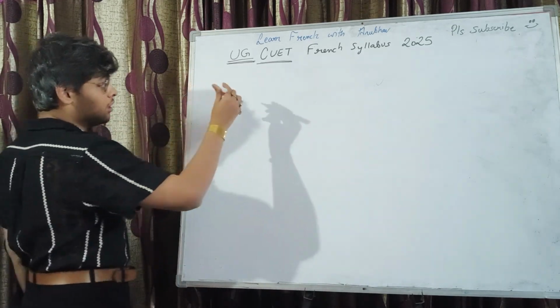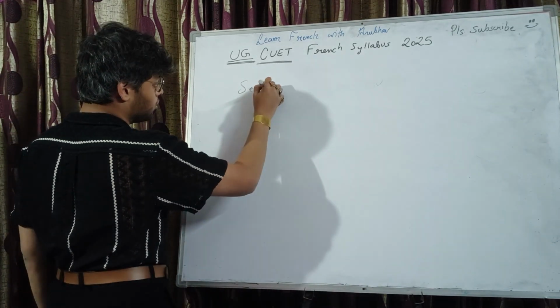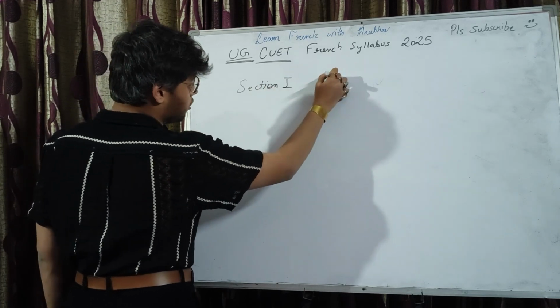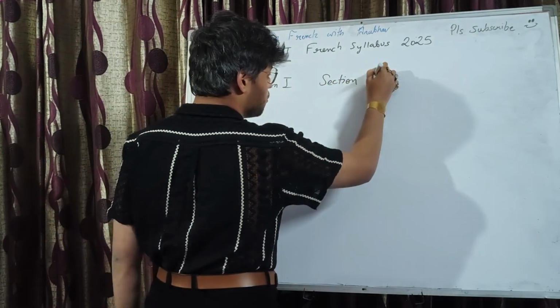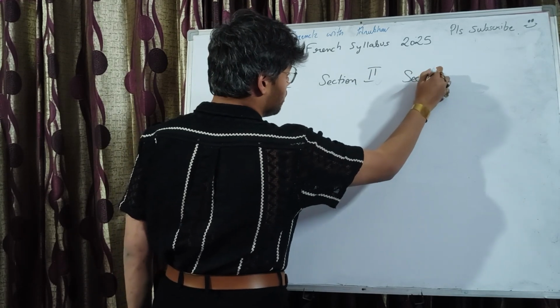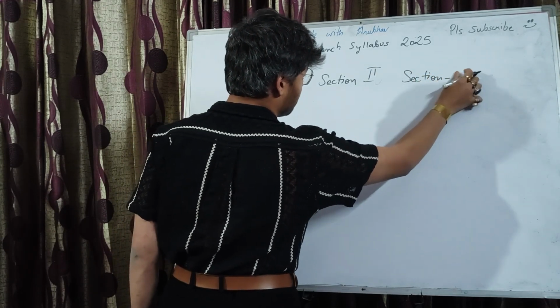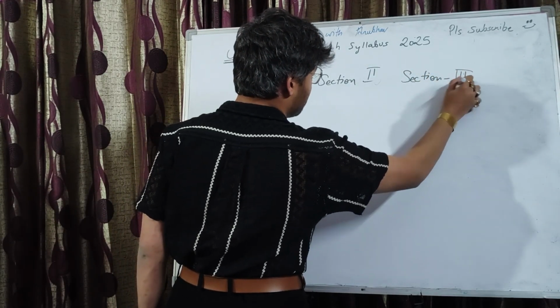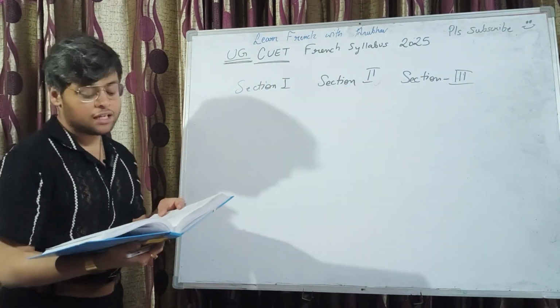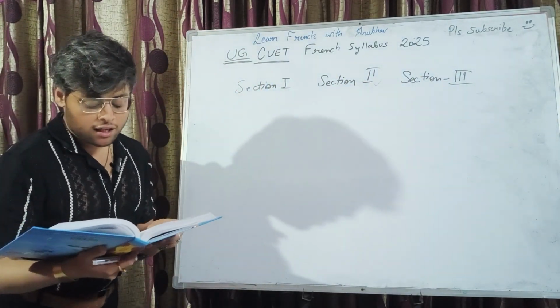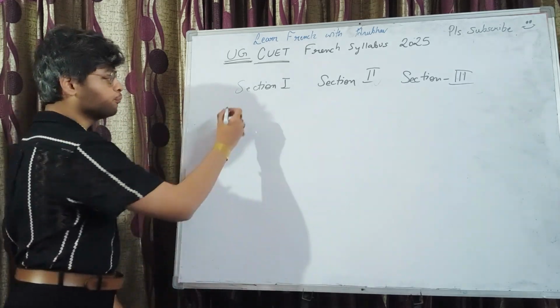three types of exams are there: Section 1, Section 2, and Section 3. Okay, we have three types of exams in total: Section 1, Section 2, Section 3. Section 1 is your language paper.